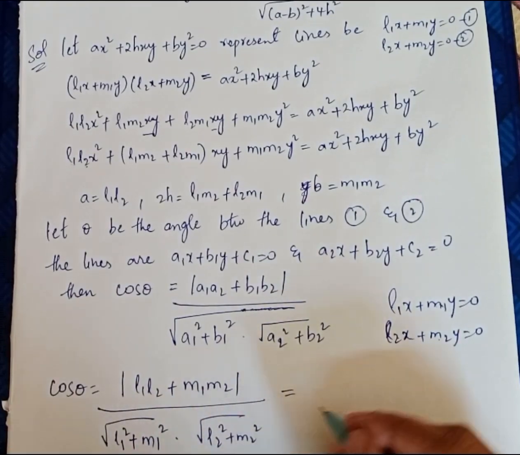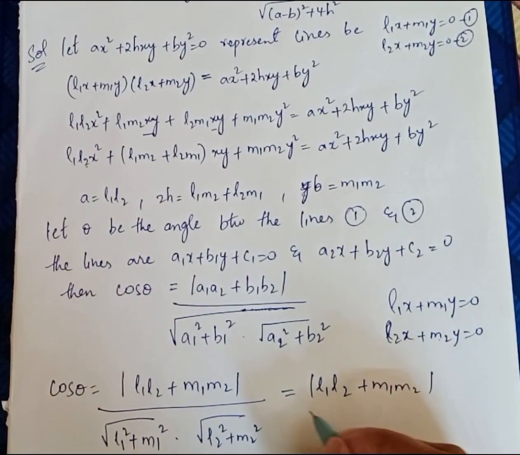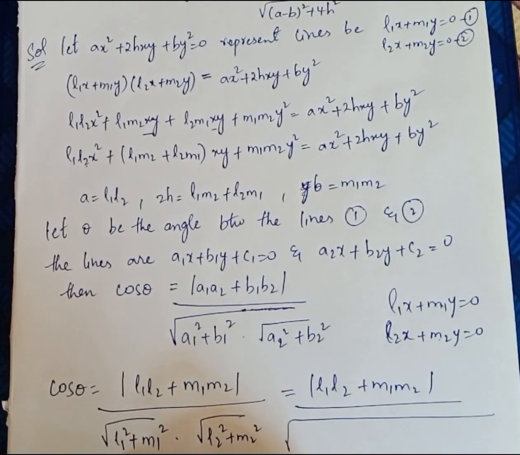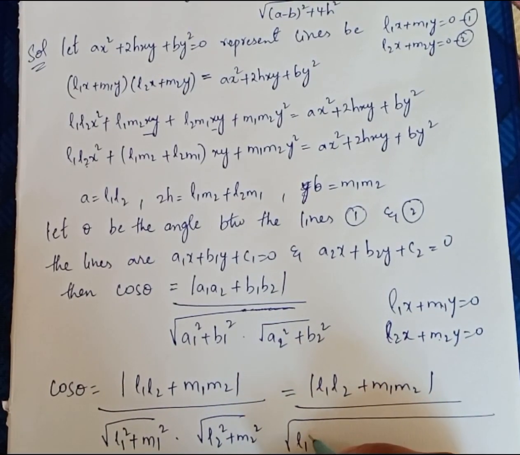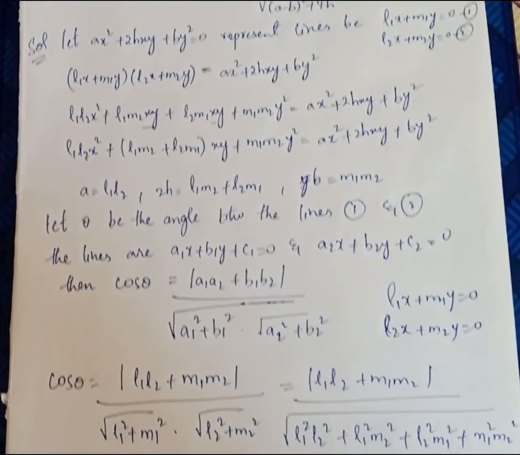Now multiplying the denominators and keeping the numerator as it is, it is the square root of l1²l2² + l1²m2² plus the third term l2²m1², and the last term m1²m2².